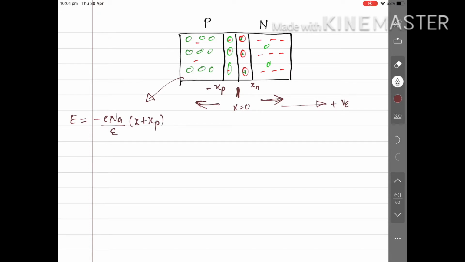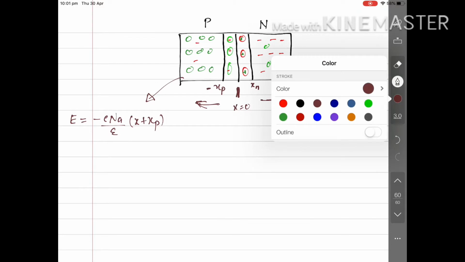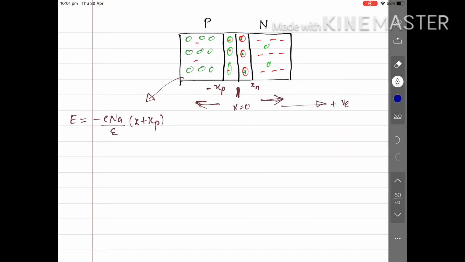Here I am considering the direction from minus xp to 0, that is, x greater than minus xp up to 0, where the depletion region is toward the P side. So this is the equation for the electric field; let me call it equation number 1.